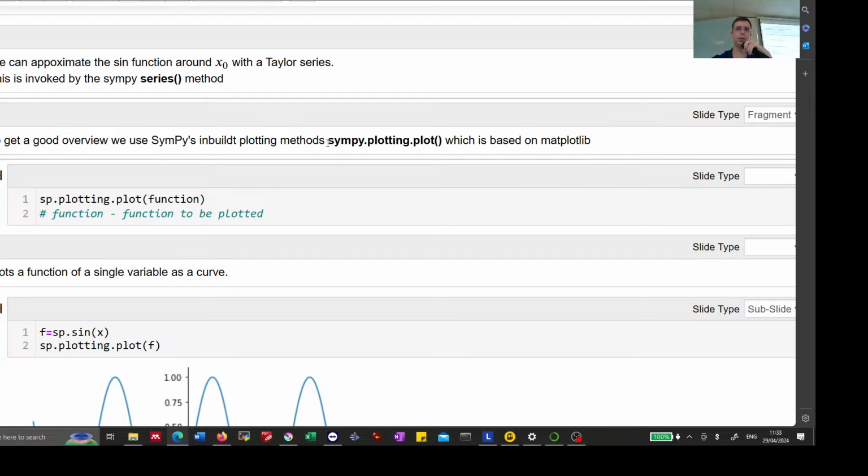What else do we need today? We need to have some SymPy plotting routines because the Taylor series expansion is an approximation. And we always need to verify is our approximation good enough, right, accurate enough for us to work, or do we need to put in some more work?